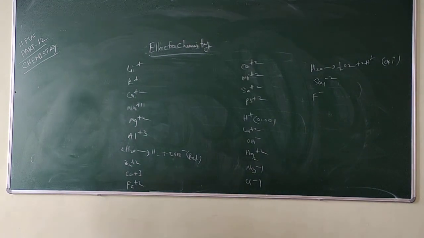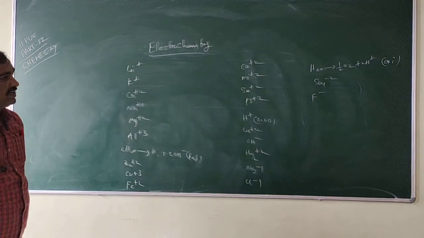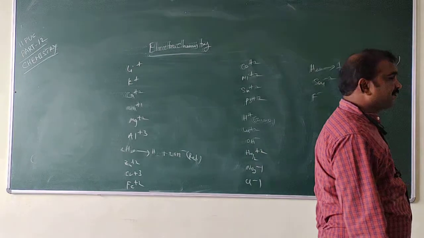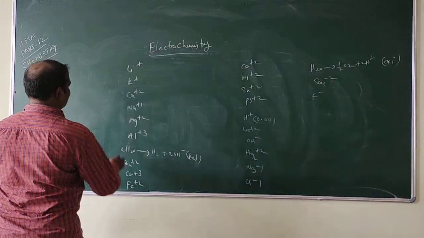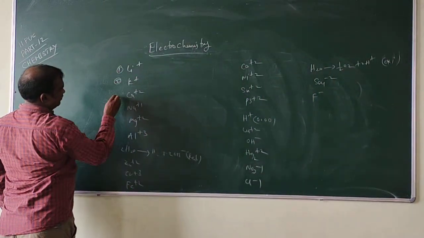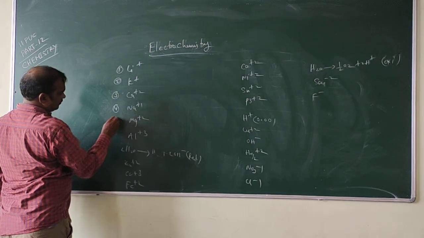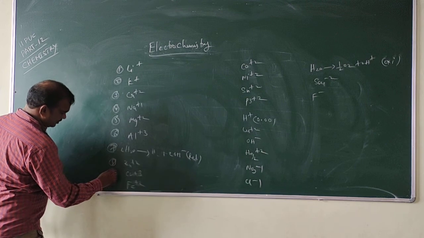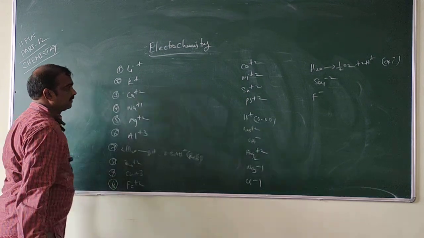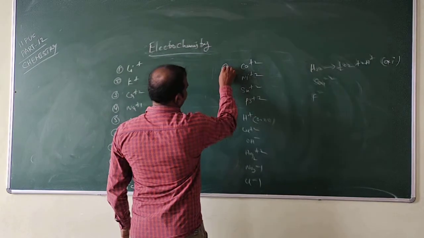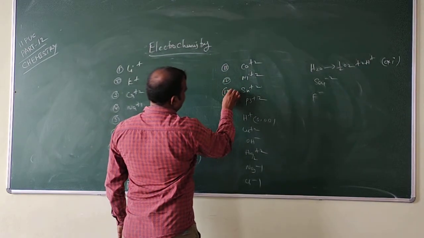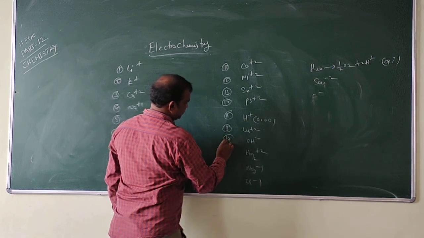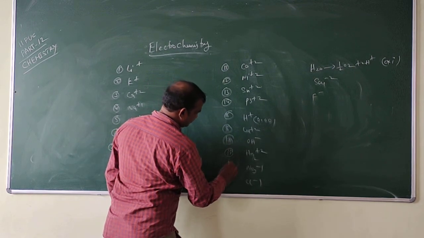See here. This is the electrochemical series and the SRP values order. If you count, this is first, second, third, fourth, fifth, sixth, 7, 8, 9 and 10, then 11, 12, 13, 14, 15, 16, 17, 18, 19.